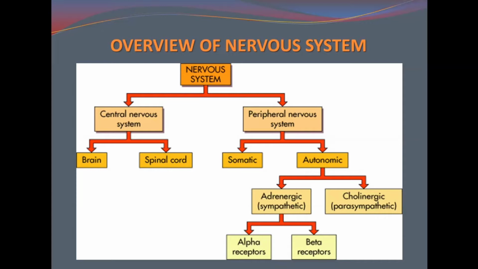Sympathetic nervous system deals with fight and flight condition, and the main neurotransmitters are epinephrine and norepinephrine, while parasympathetic nervous system deals with rest and digest phenomena, and the main neurotransmitter is acetylcholine.